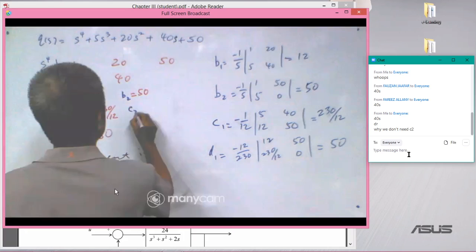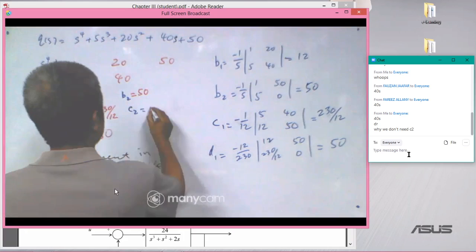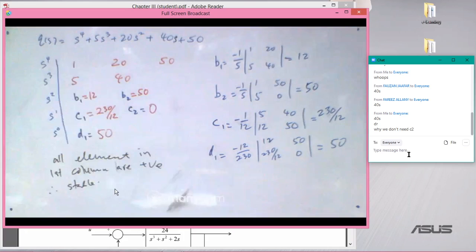You can verify that C2 is equal to 0, because in the second column there are no more elements in the third column, so you just get 0, 0. So finally, C2 is equal to 0. Any other question? That is how you develop the Routh table.